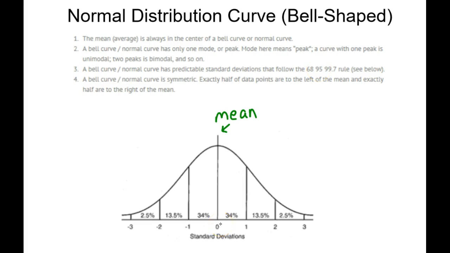Now if we would go to our mean, our average, and now go three standard deviations to the right and three standard deviations to the left, now that is going to basically account for all of our data points in our data set. So these percentages you have to become familiar with because these percentages are consistent with normal distribution curves.